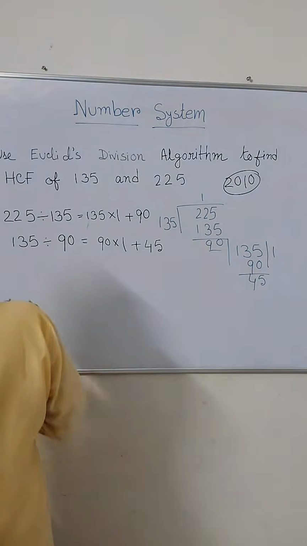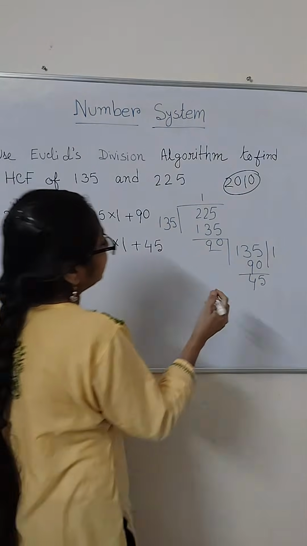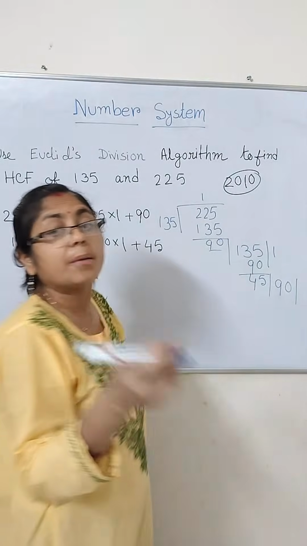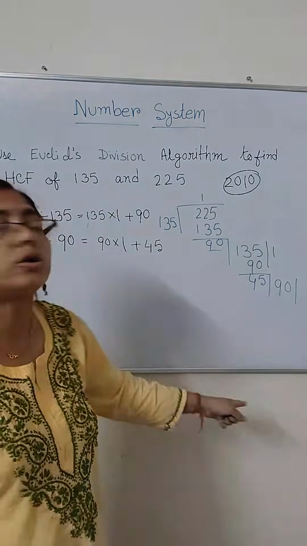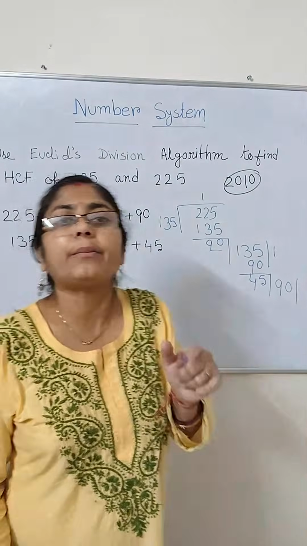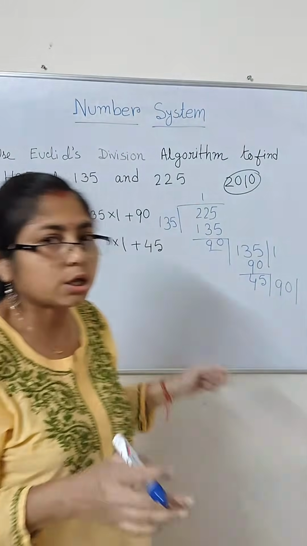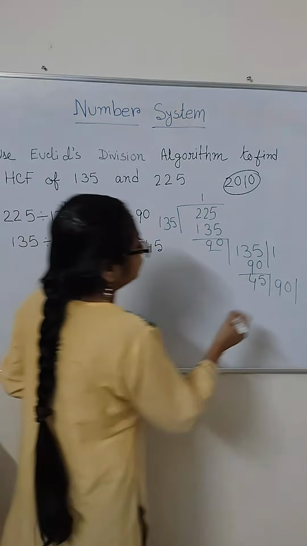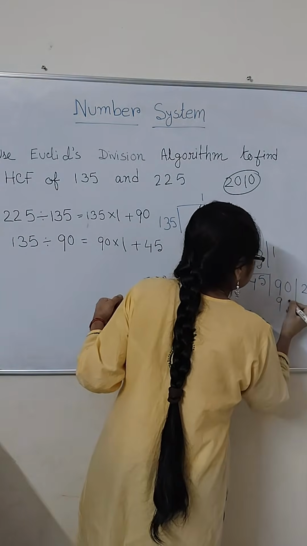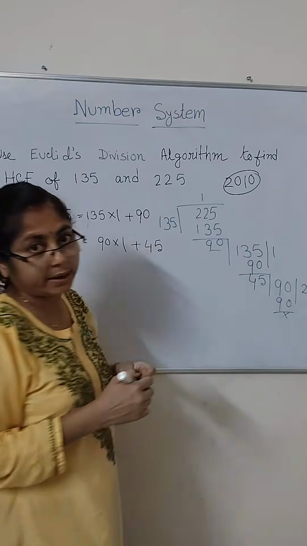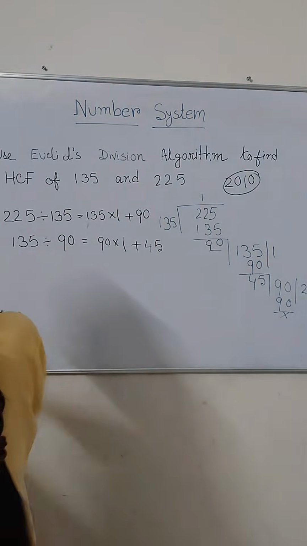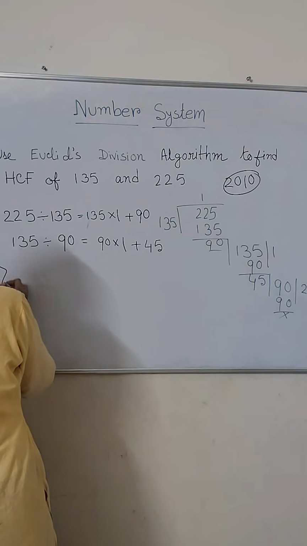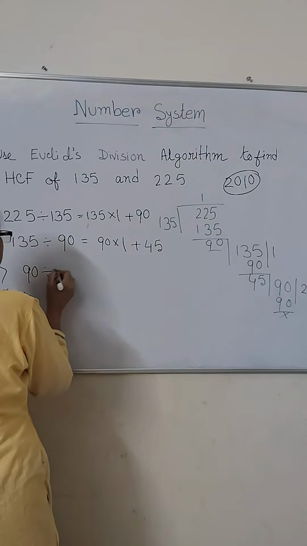Now I divide the last line: 90 divided by 45. If you do it by this method and not write it this way, on the board you get a big 0. So this is your math, and I do it in the graph. No remainder is there. So I write 90 divided by 45.